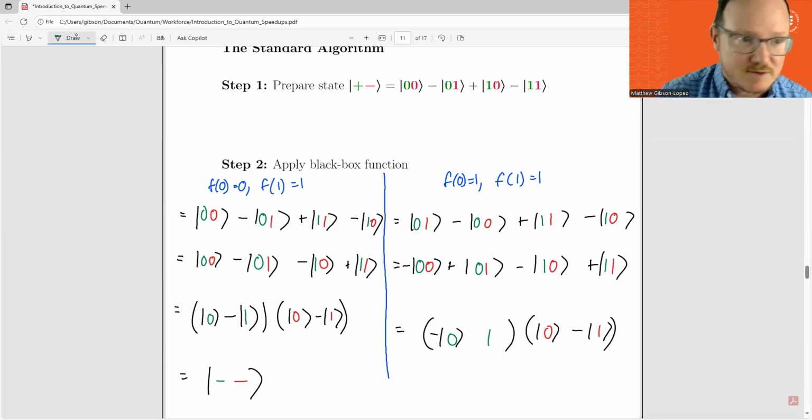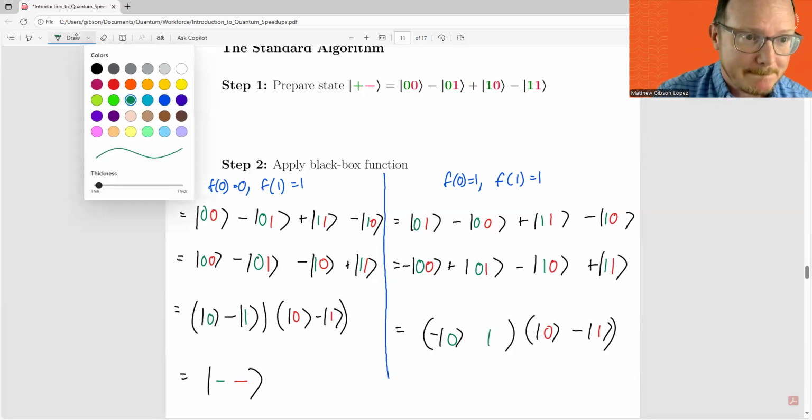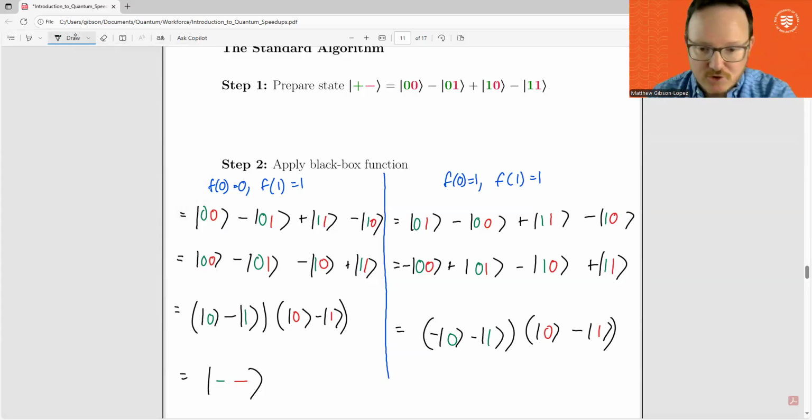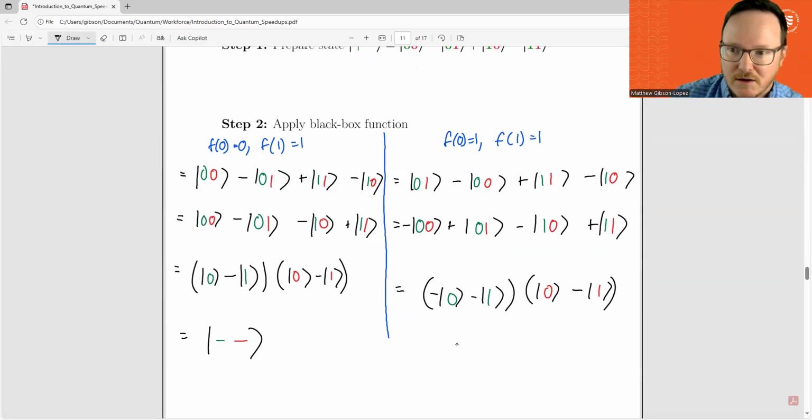So it's going to be -0 minus 1. So you can see here, in the green superposition, the signs agree. They're both -1. So this ends up becoming the state, I'm going to write it as minus plus minus.